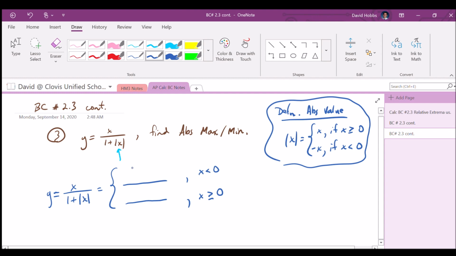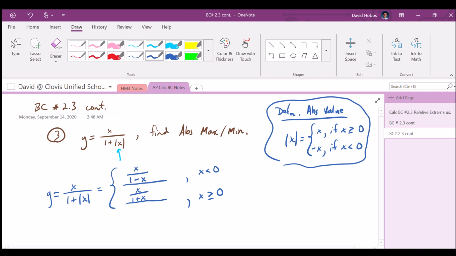So this becomes x over 1 plus negative 1 times x, so 1 minus x. And if the inside is greater than or equal to 0, then we just drop the absolute value bars and we're left with x over 1 plus x.